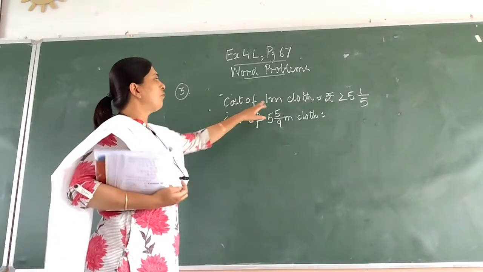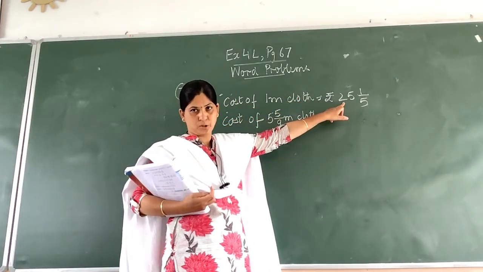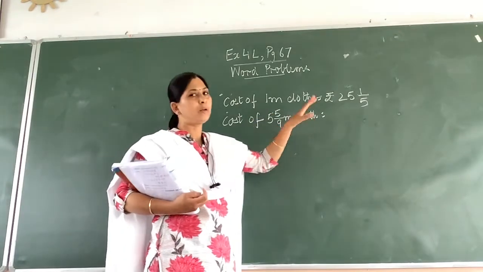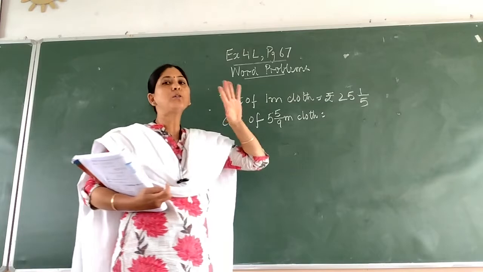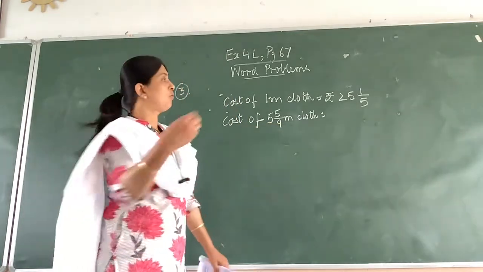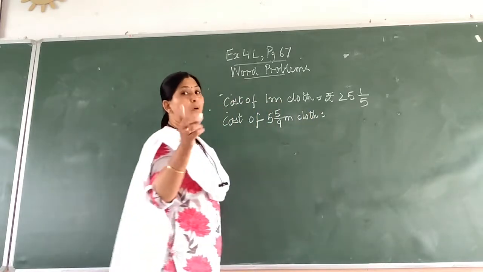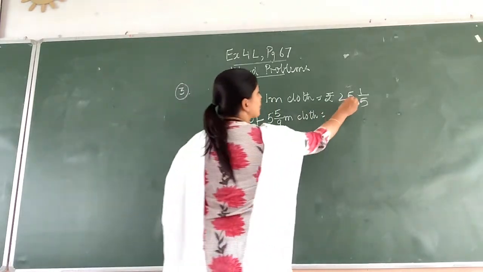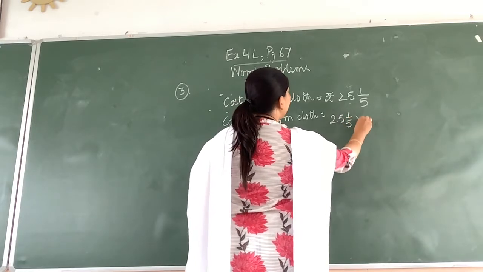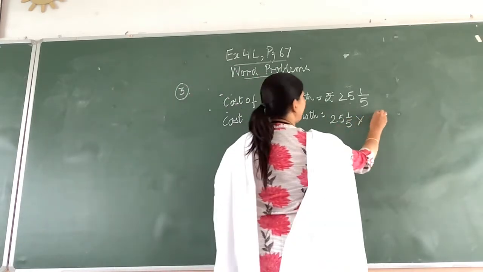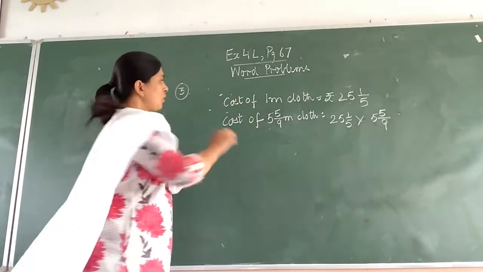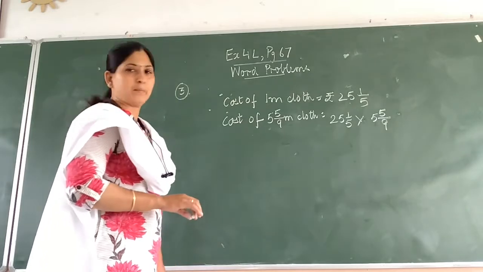If the cost of 1 meter cloth is this much, the cost of 5 and 5 over 9 meter cloth will be more than 1 meter cloth or less than 1 meter cloth? See, it will be more. So, for more, what do we do? For more, we multiply. So, we will multiply 25 and 1 over 5 by which number? 5 and 5 over 9. So with the statements, if you write the statement, it will be like this.